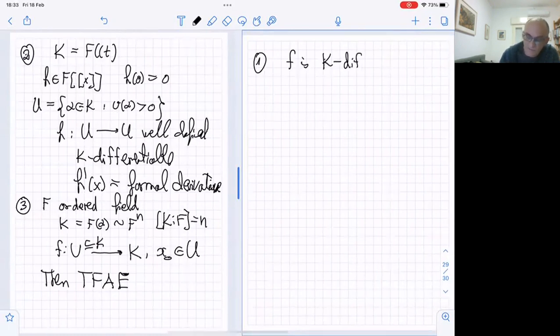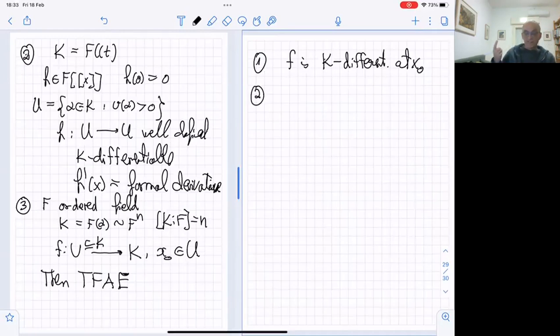So f is K differentiable at x0. And the second, f is a function from K to K, so f is also a function from F^n to F^n, right? So we identify, we can think of f as a function from F^n to F^n. As such, it is F differentiable.